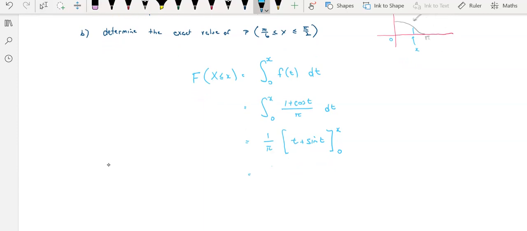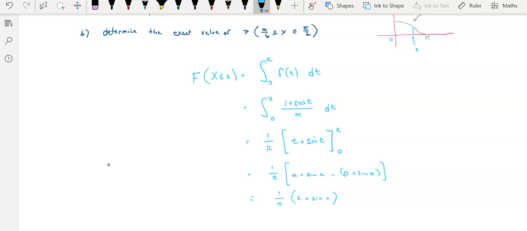So we have 1 over pi, x plus sine x, minus 0 plus sine 0, which all comes to 0. So we're just left with 1 over pi times x plus sine x. And now that is my cumulative distribution function.